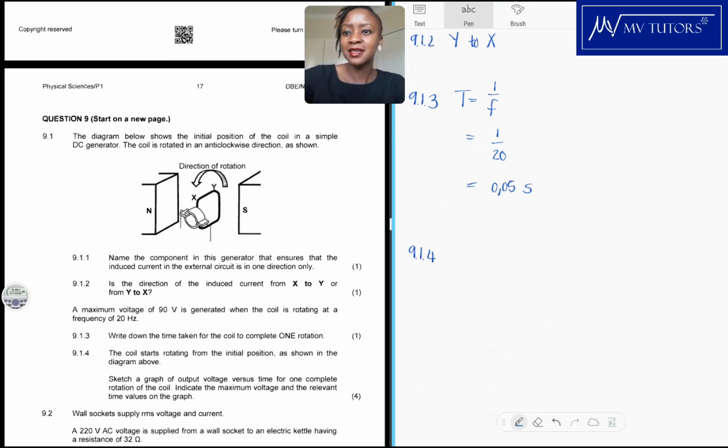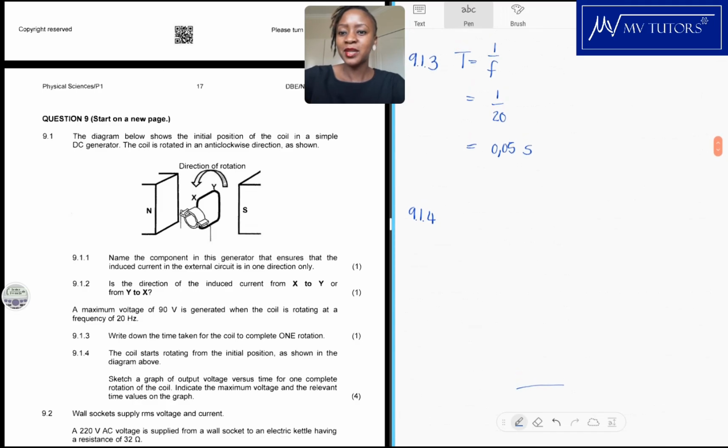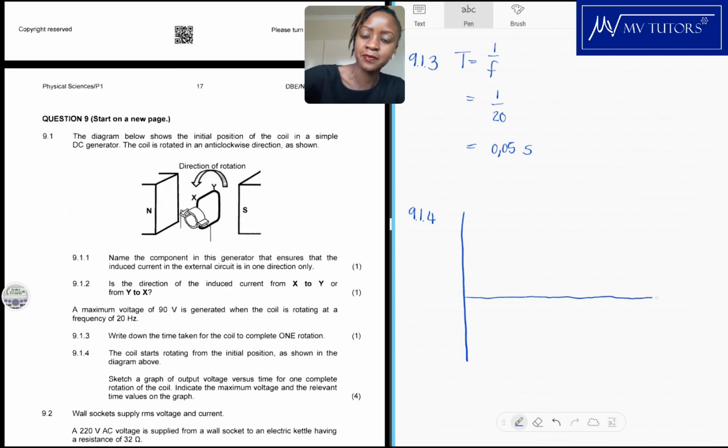All right. My whiteboard has changed a bit and I am not used to this, so I can't even draw a straight line. But let us see. So this is our y-axis and that's our x-axis. Let us just attempt. So if it's a full wave, that's going to be at 0.05 seconds. All right. And halfway through, that'll be 0.025 seconds.